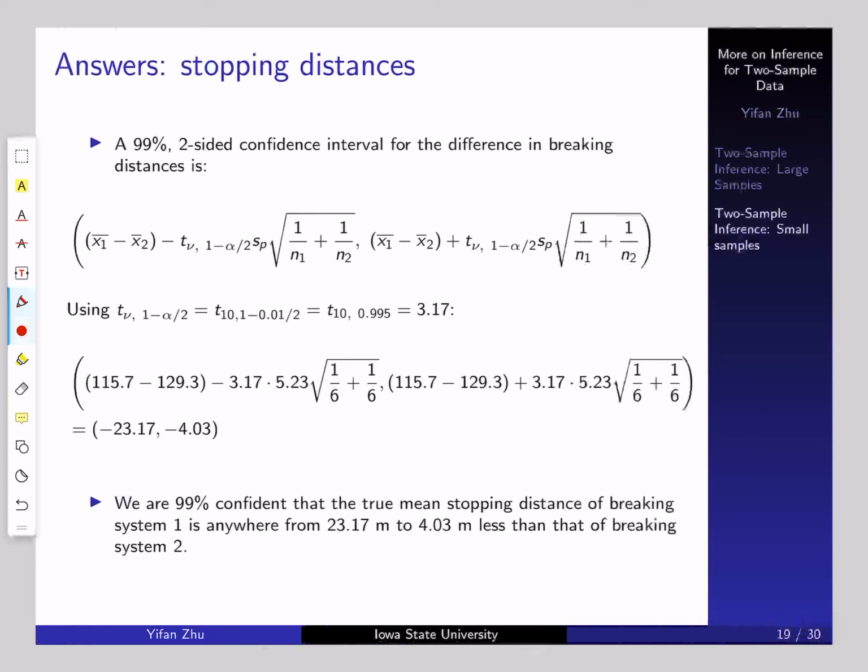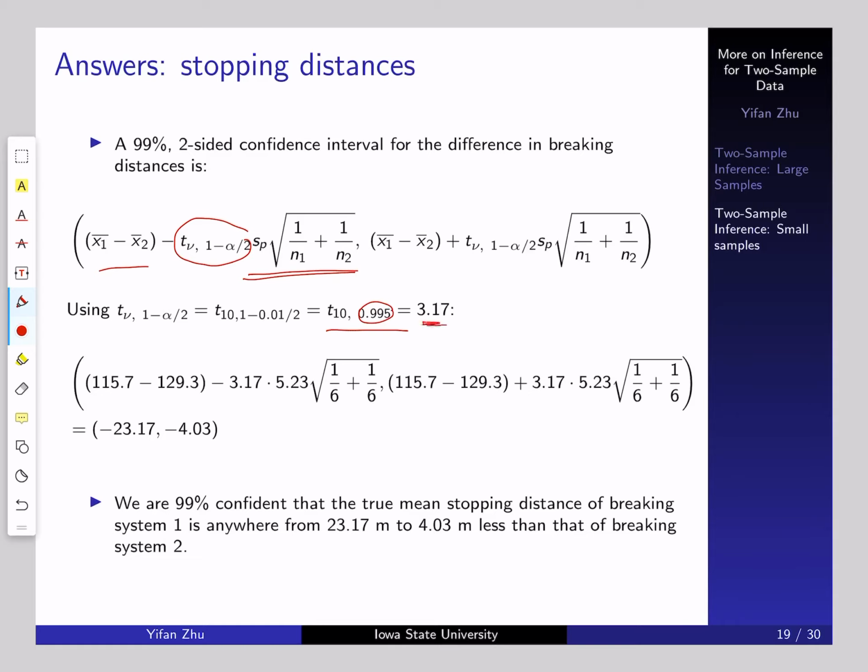And the 99% two-sided confidence interval is almost the same as before. So we just plug in x1 bar minus x2 bar, and we also plug in the sample version of the standard deviation of x1 bar minus x2 bar. And the quantile is t10, 1 minus alpha over 2, which is 0.995.